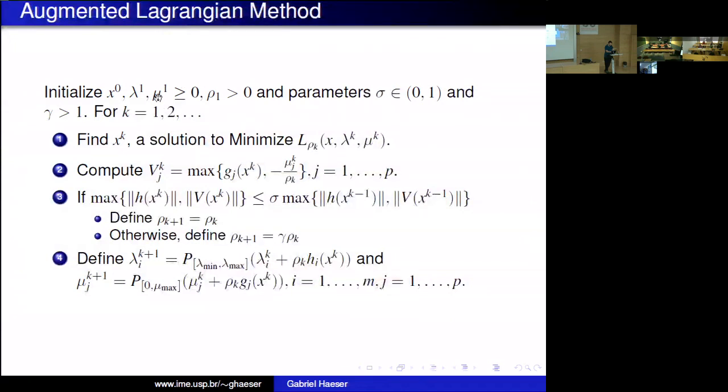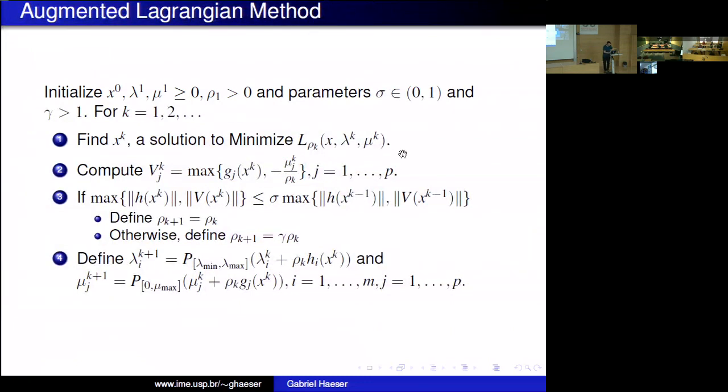You should always keep non-negative multipliers for inequalities, an initial penalty parameter, and you fix some parameters sigma and gamma. And so you find xk, a solution to this problem, minimize the Lagrangian using these parameters.